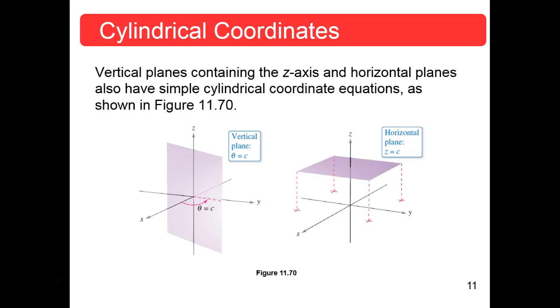That's simple. Theta equals c. Horizontal planes are also very simple because it's just z is equal to whatever the constant is. As long as they're horizontal. You get a tilt in them, you got some problems. Vertical planes not centered on the z-axis, that gets a little more complicated. But these are really, really easy. Okay?